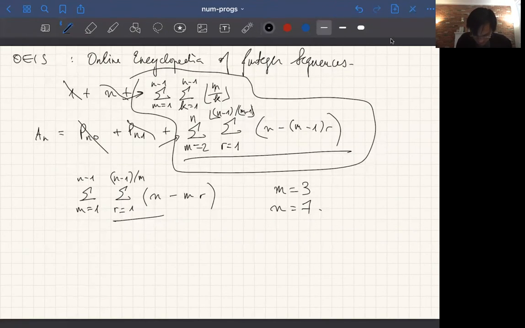So this sum here is the sum from r equals 1 to, n minus 1 is 6, over m is 3, so 2. So r equals 1 to 2 of 7 minus 3r. And that becomes 7 minus 3, which is 4, plus 7 minus 6, which is 1. That's 5.